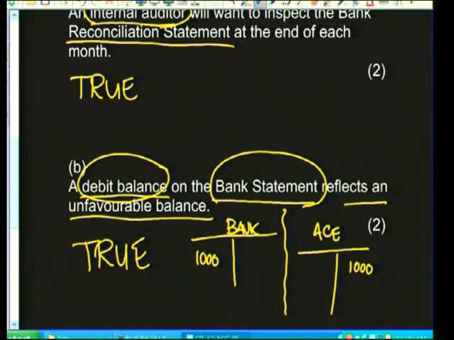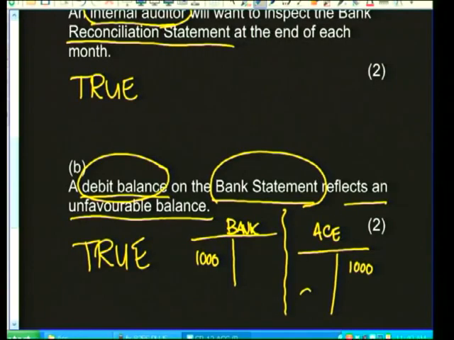Watch. My account is showing a debit balance of 1,000 rand. From the bank's perspective, they are saying we are owing Ace Traders 1,000 rand. Clear. But now the situation is, they are saying Ace Traders has a debit balance of 2,000 rand. What does this mean? It means, according to the bank, they are reflecting an unfavorable balance, which is a debit balance. Can you see it?